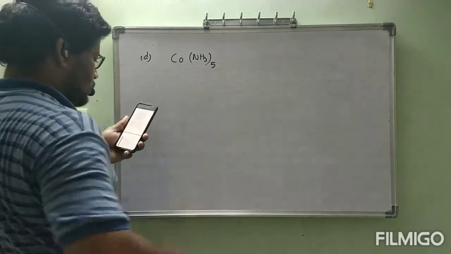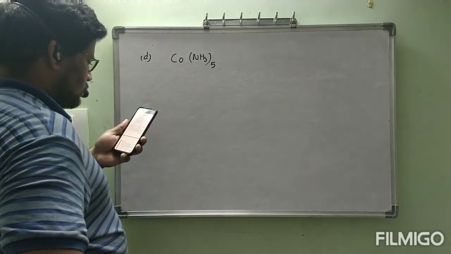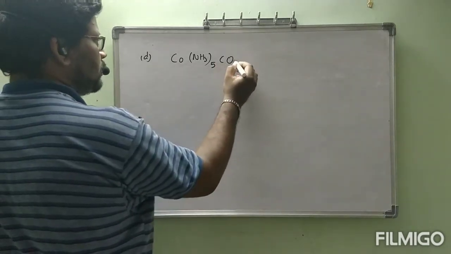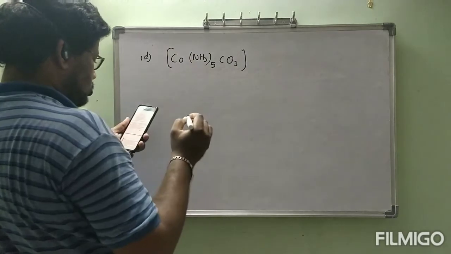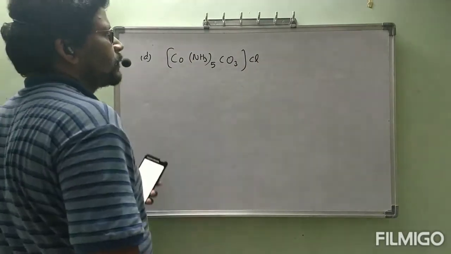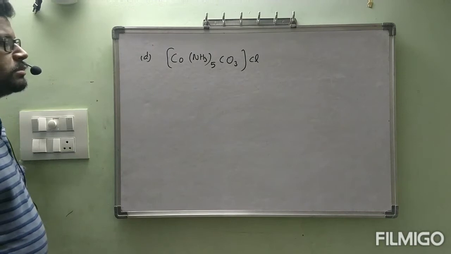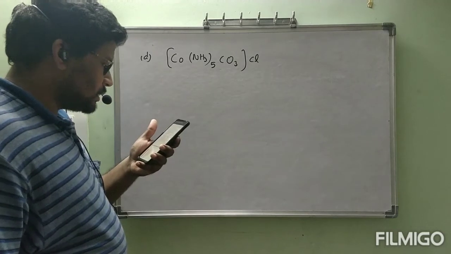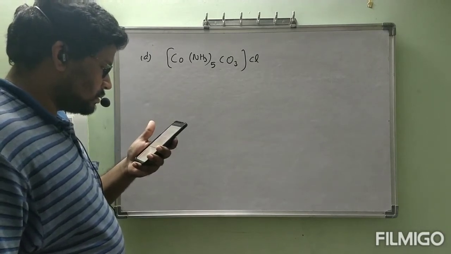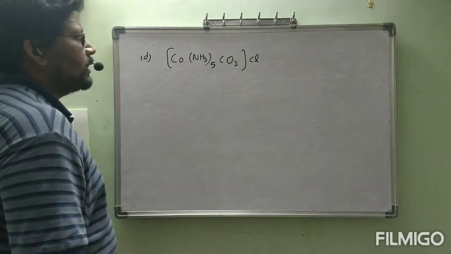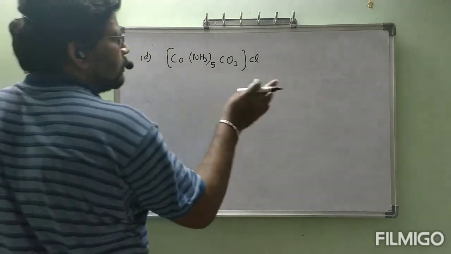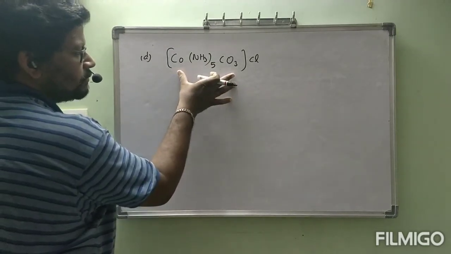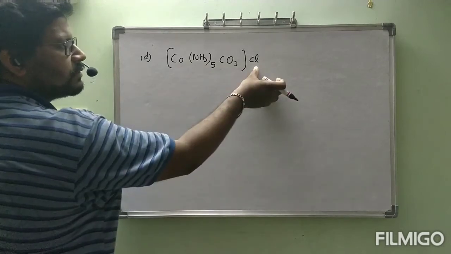[Co(NH3)5CO3]Cl. Now let us see. This compound has a positive complex first, after that we have chlorine.